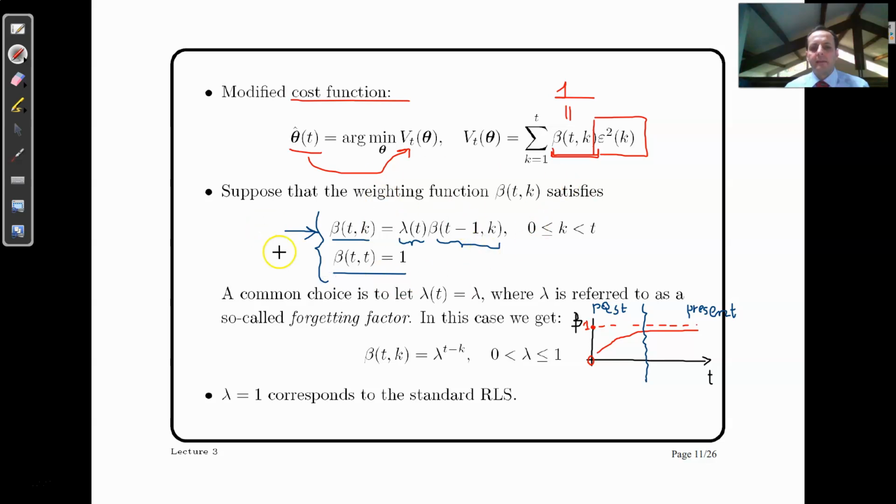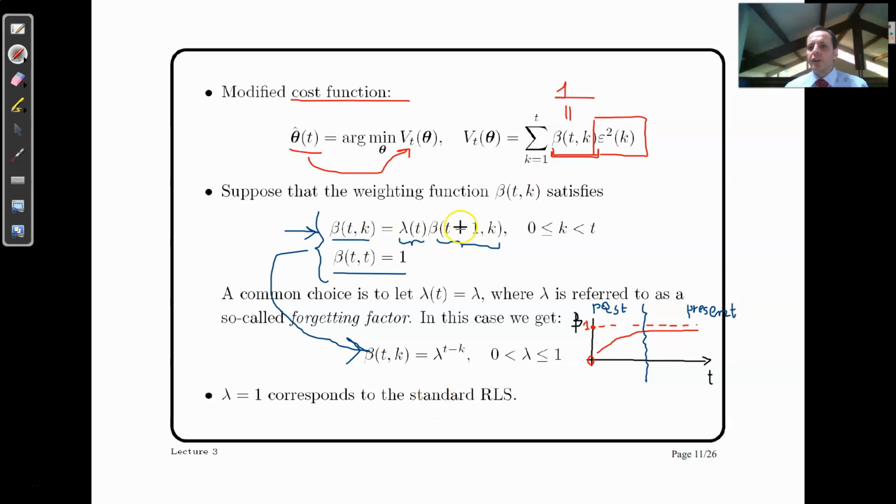This is a difference equation which, for those of you who are familiar with it, is the same as a differential equation, but in discrete time.